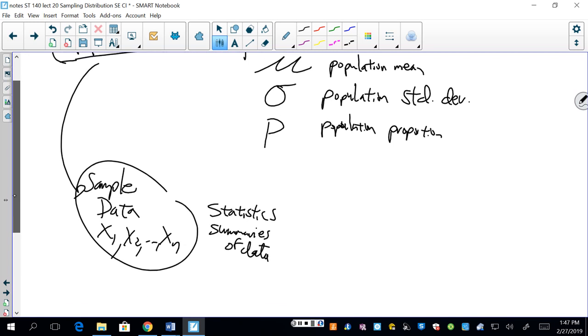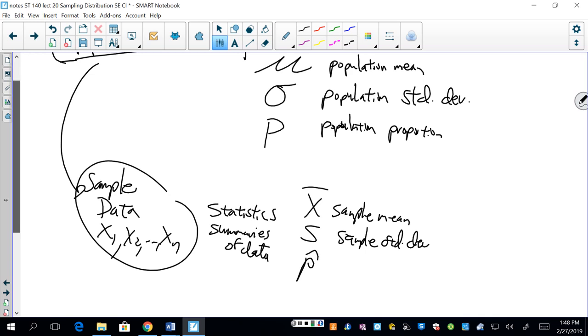And so x bar is the sample mean. Or what we call S, sample standard deviation, calculated for the values.